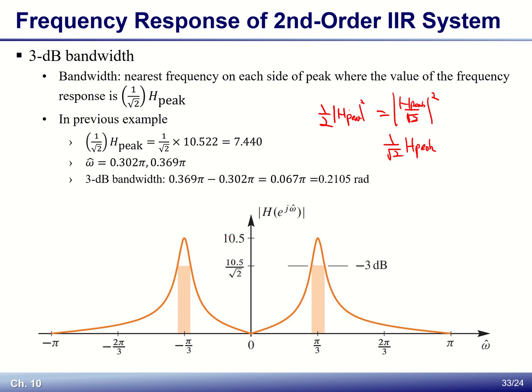Here 10.5 divided by square root 2 will be here. Approximately it is 0.707 H peak, around 70% of the peak value, which we consider the cutoff frequency.